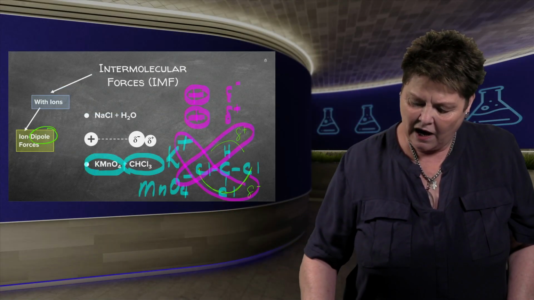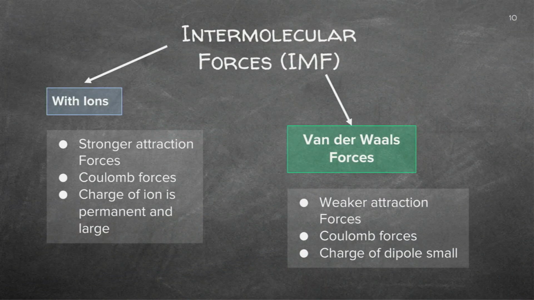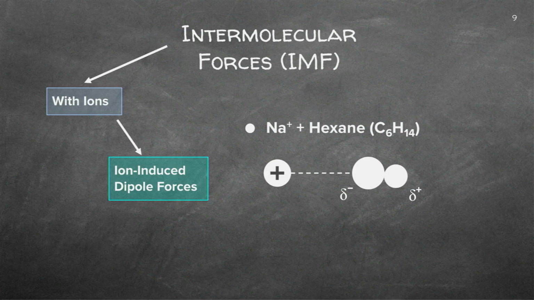The second ion interaction that you have to know is what is going to happen if I have an ion with a non-polar molecule. Now, what will happen if I bring a sodium near anything that's non-polar? And we can, for instance, have a molecule that's like that. It's got on the outside a positive side, but the negative is inside here.